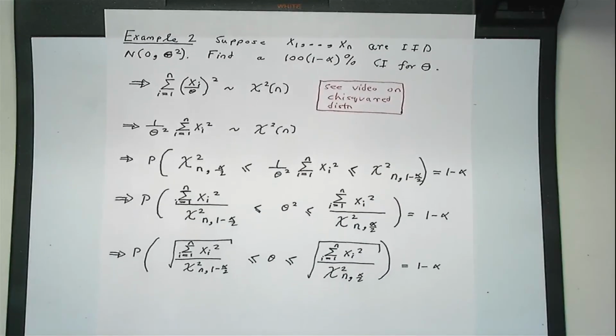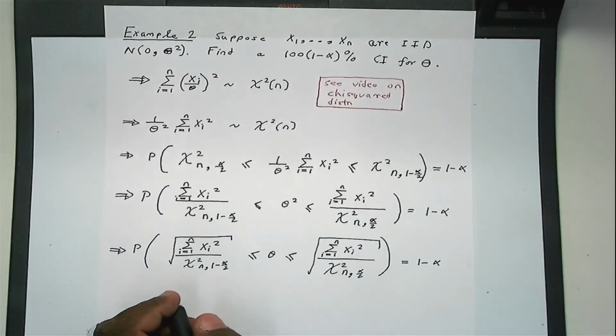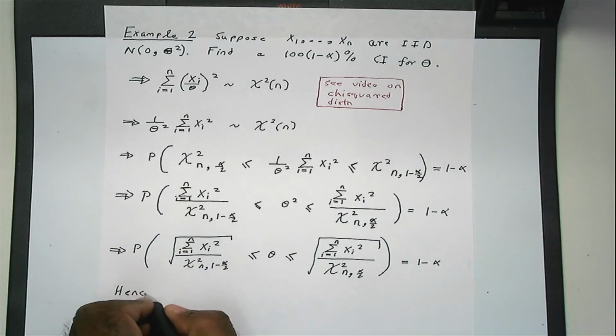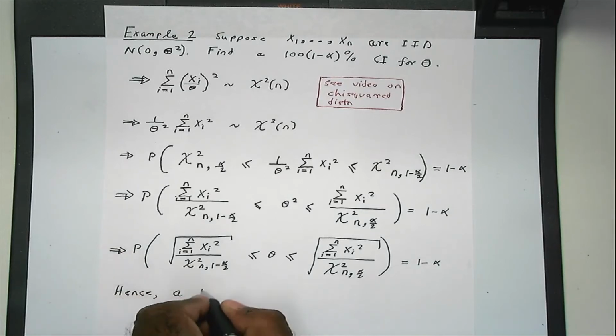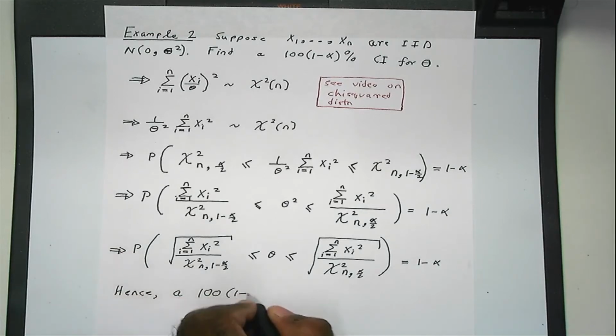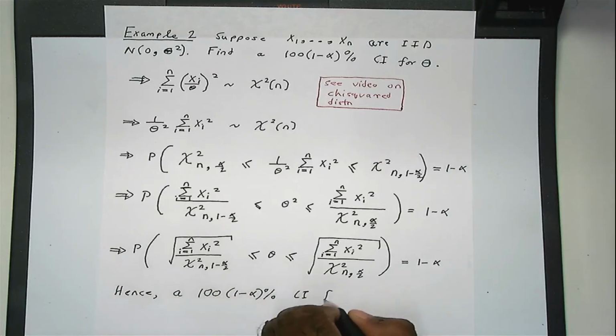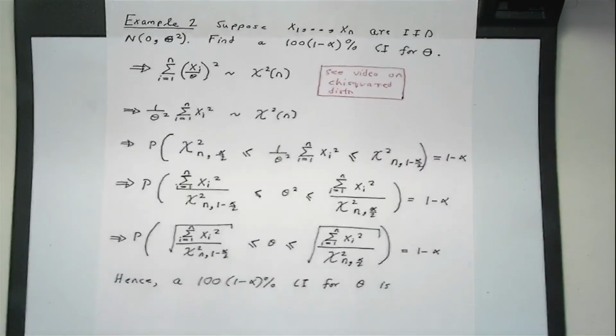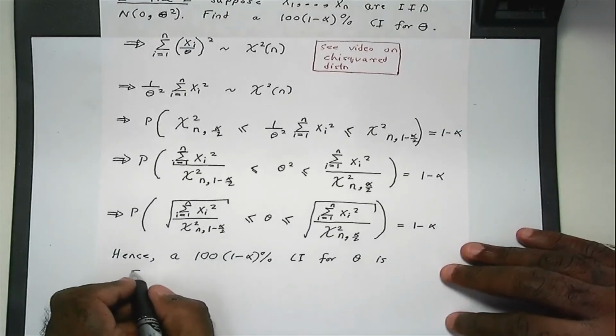So the conclusion is that hence the 100 times (1 minus alpha) percent confidence interval for theta is the interval from this to this.